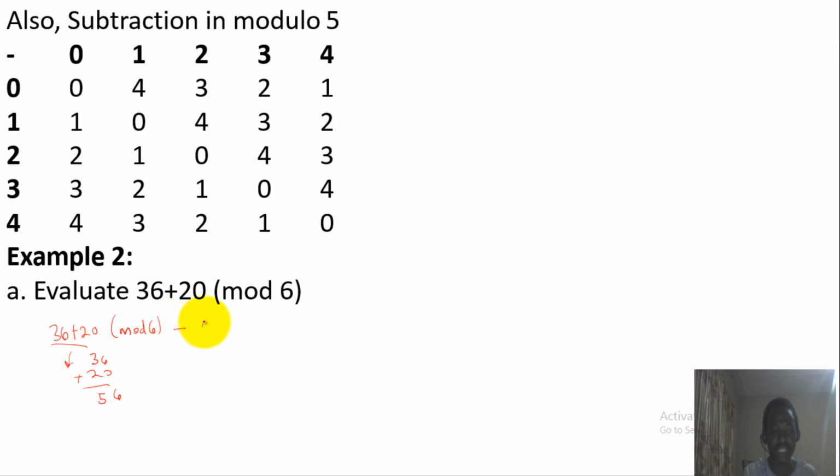For you to do that, take 56, which is the integer number, divided by the mod, which is 6. I think that should give me around 9, because 6 times 9 will give me 54. Then plus 2. Automatically it is going to return 2. Therefore, the answer for this will be 2 mod 6.